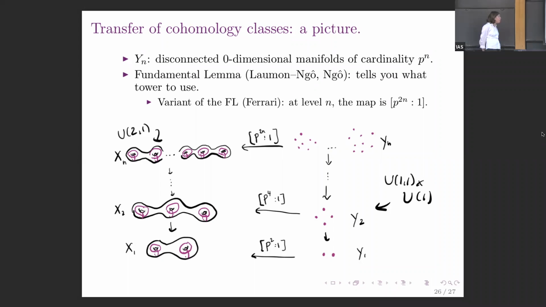And then a variant of the fundamental lemma for congruence subgroups that was proved by Ferrari a little bit after the proof of the fundamental lemma tells you that these classes are not exactly in bijection. At each level, the classes in the bunch of points give rise to p to the 2n classes in homology.